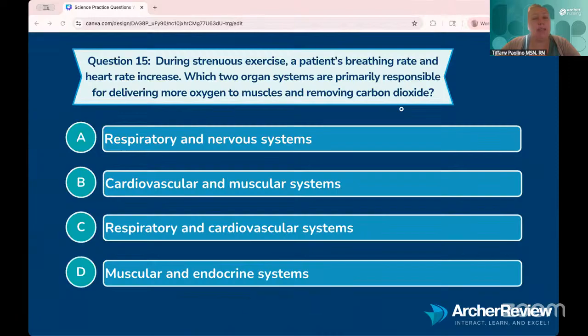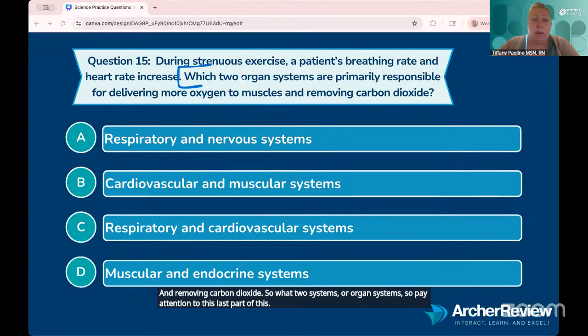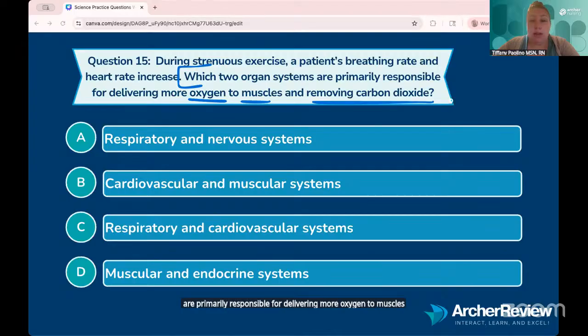During strenuous exercise, a patient's breathing rate and heart rate increase. Which two organ systems are primarily responsible for delivering more oxygen to muscles and removing carbon dioxide? So, what two organ systems, so pay attention to this last part, are primarily responsible for delivering more oxygen to muscles and removing carbon dioxide?